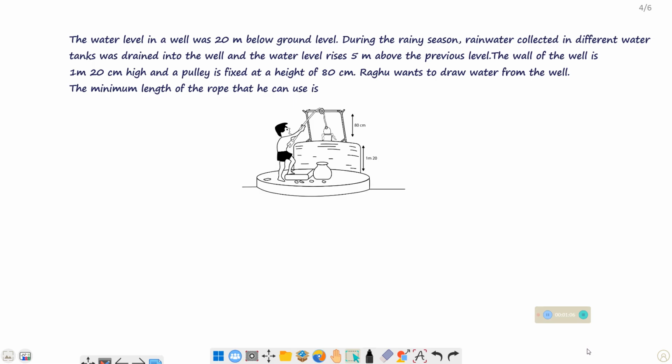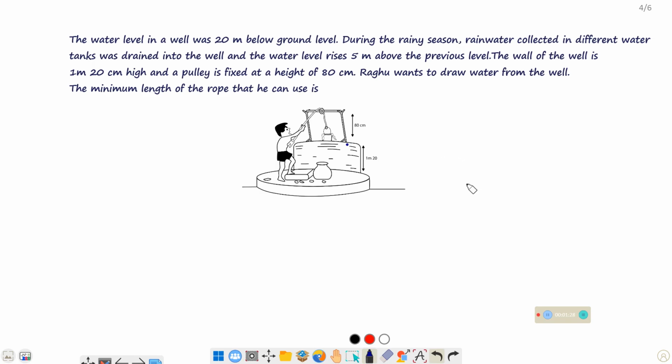So here let's analyze the question sentence by sentence. What is the first line of the question? The water level in a well was 20 meters below the ground level. So first let's draw a line indicating the ground level.